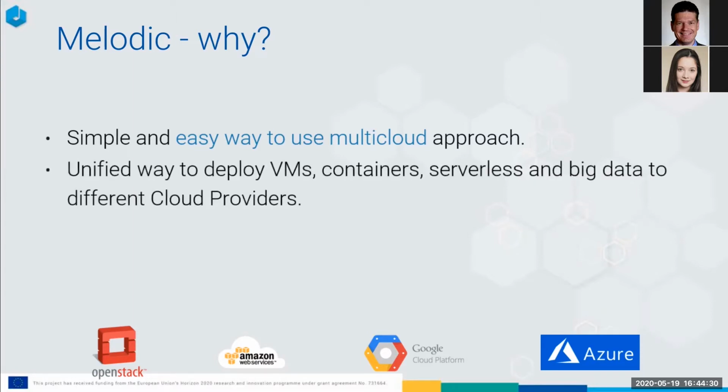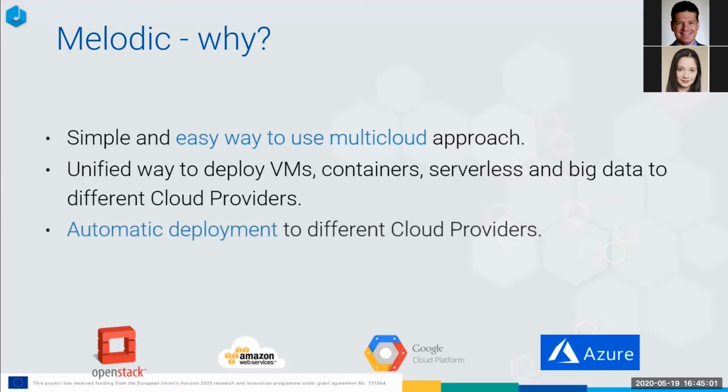We also wanted to have a unified way to deploy different application components, such as virtual machines, containers, and serverless functions, and all of this respecting the data constraints and the data that the application is operating upon. And the last part is especially important, for instance, now in Europe, where you have GDPR controlling where you can store and operate on data.